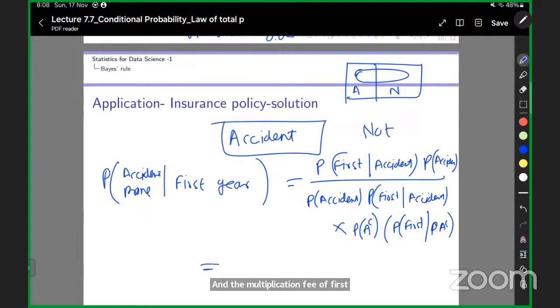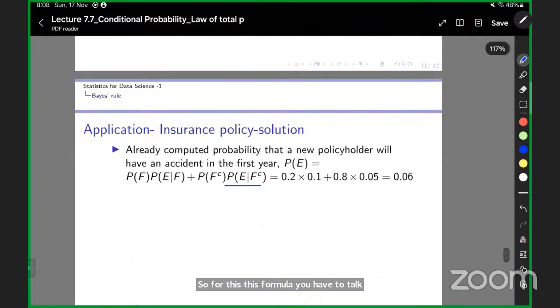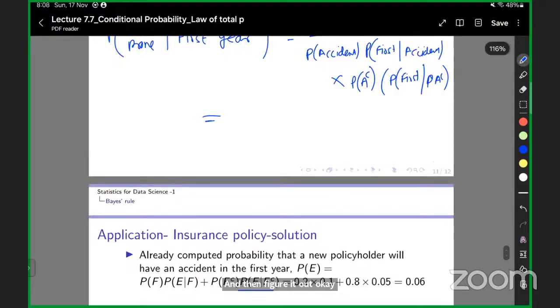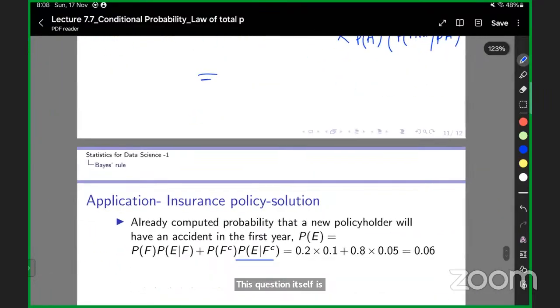So this formula you have to solve and then figure it out. This question itself is a little difficult, but that's all.